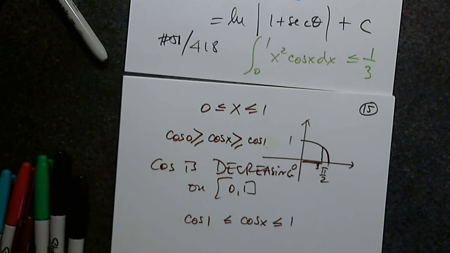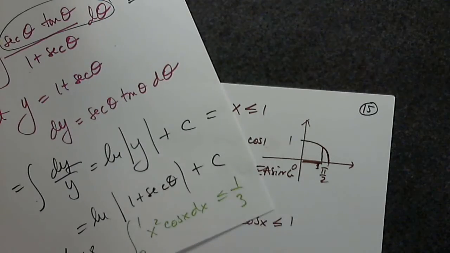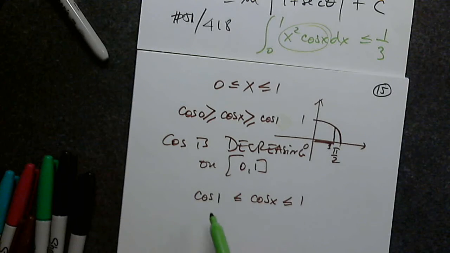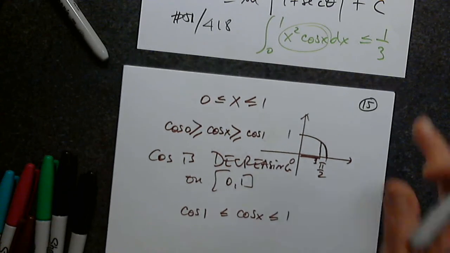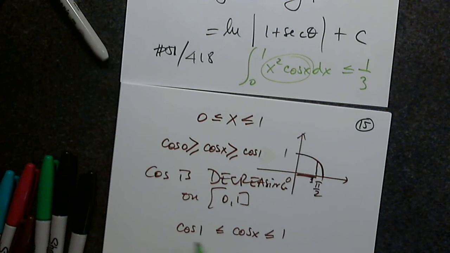So remember what the target is. The target is to build this inside. So for now, I have that cosine 1 is less than or equal to cosine x less than or equal to 1. As you see, I may not be interested in both sides, but we'll see in a moment.